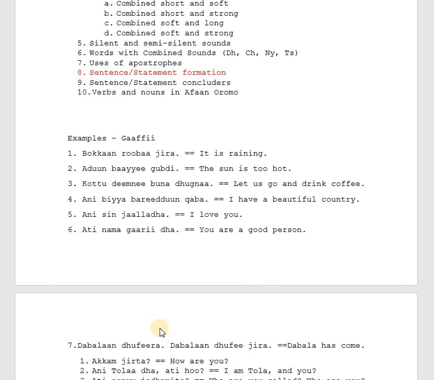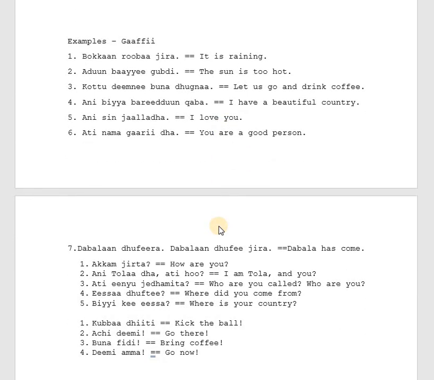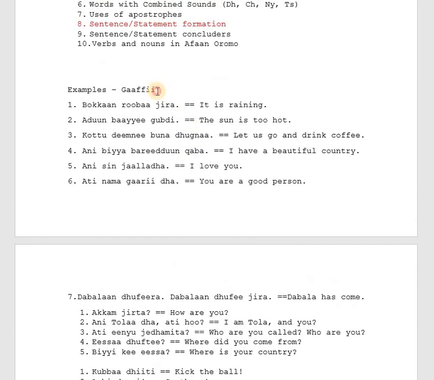There is not that much to say here, but just to introduce you to some of the structures that we use in Afan Oromo. So here we have a statement. Sorry, this is not right. It should have been statements or sentences.